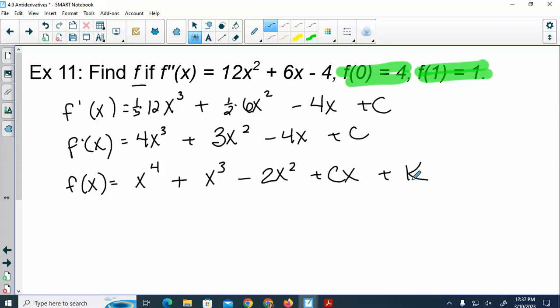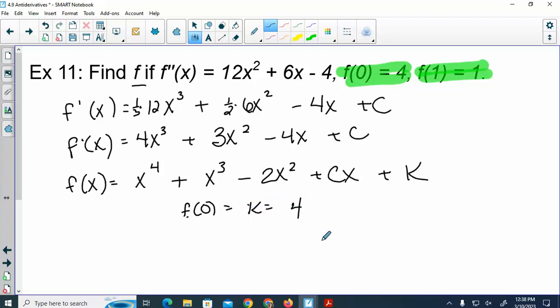Alright, what I have given you here is the information to figure out what c and k are. So when I say f of 0 equals 4, that means if I plug in 0 for all of my x's, it equals 4. So if I put in 0 for all my x's, what do we have: 0 plus 0 minus 0 plus 0 plus k equals 4.